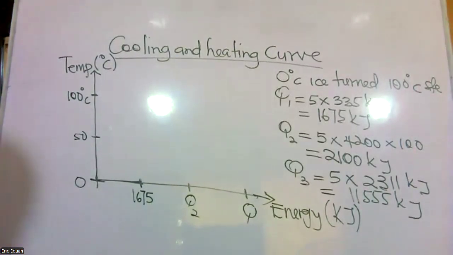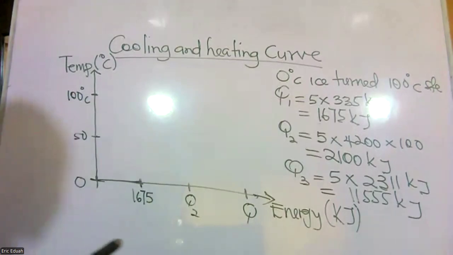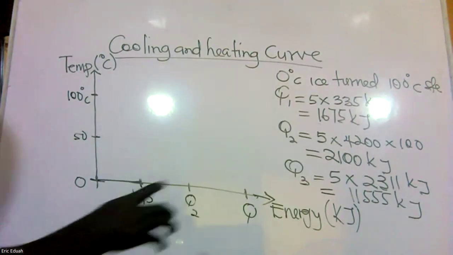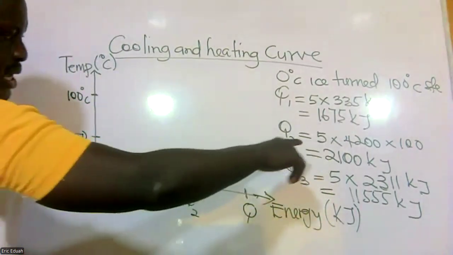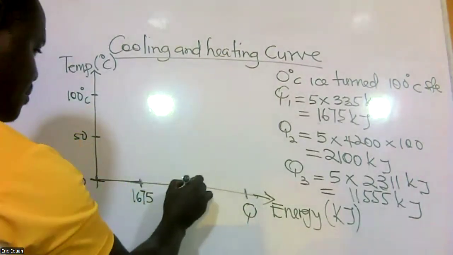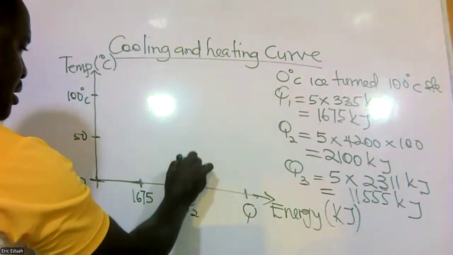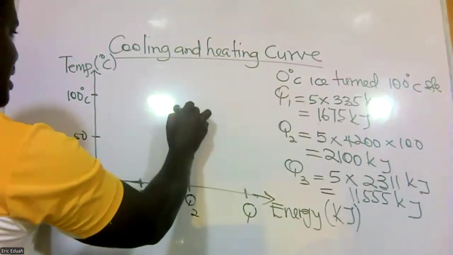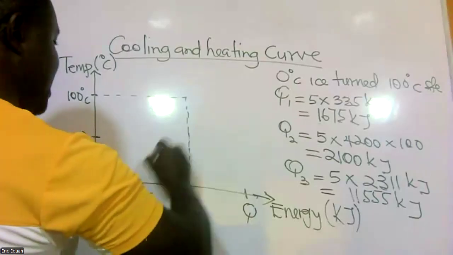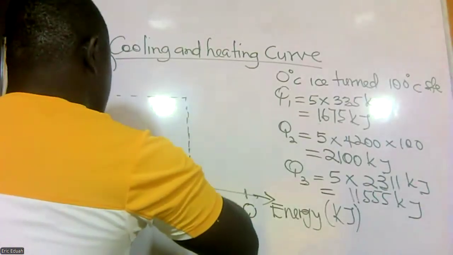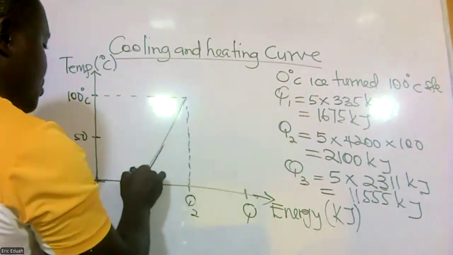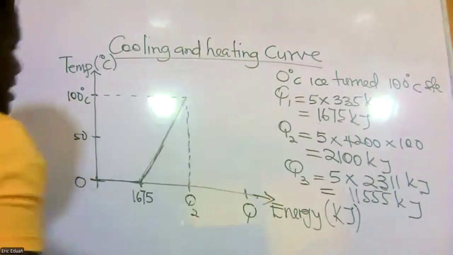Then from there, another certain amount of energy is also used. But this energy raises the temperature from 0 to 100. So from 0 to 100, the temperature was raised. This will give us a sharp slope because it's about sensible heat.